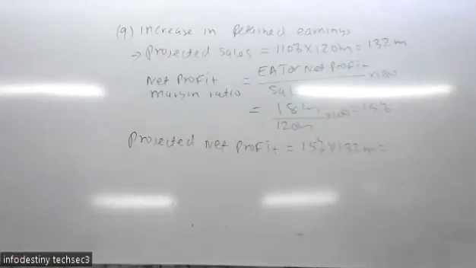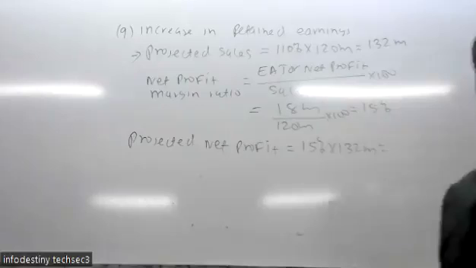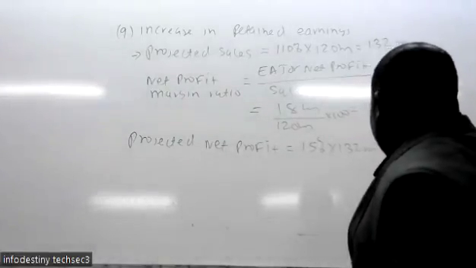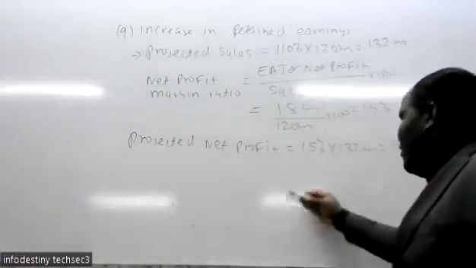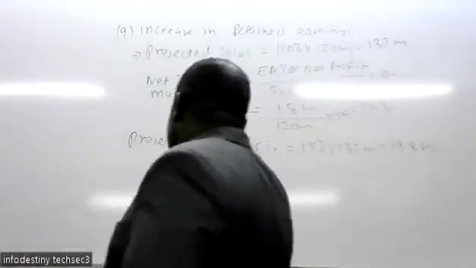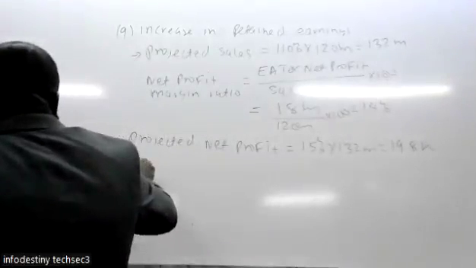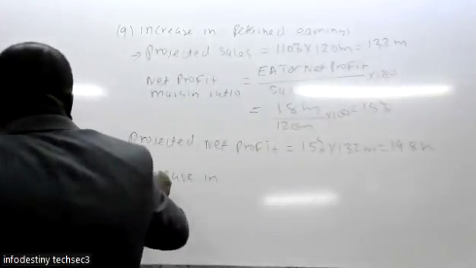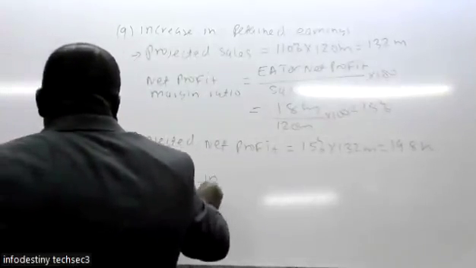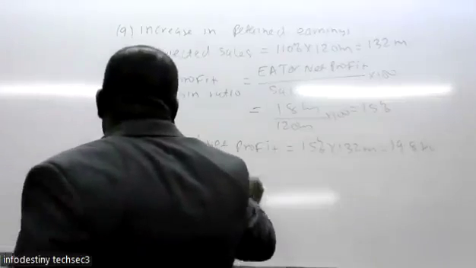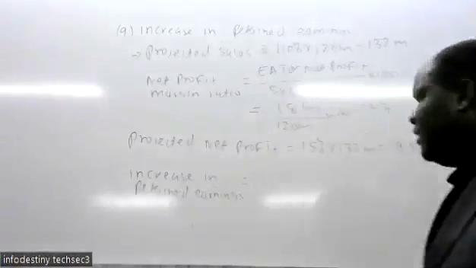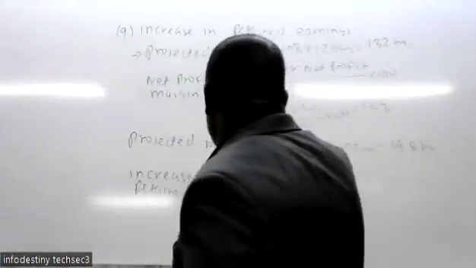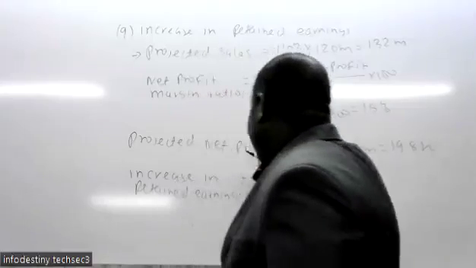What will be 15% of the projected sales? 19.8 million. So once we get that, now we can get the increase in retained earnings.